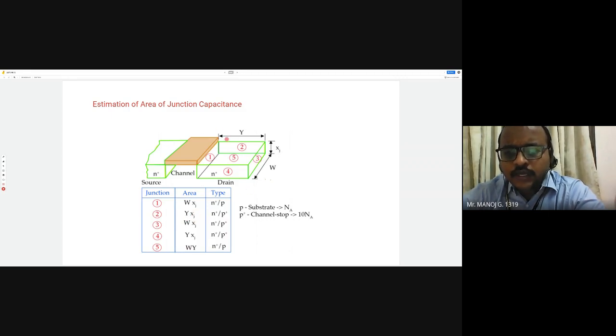Even in GATE, they give you questions like this and ask you what is the area of that particular junction. I'm just giving it pictorially. They can twist it in any way they want. So for region 3 or junction 3, the area is going to be W into XJ. For junction 4, it is Y into XJ.